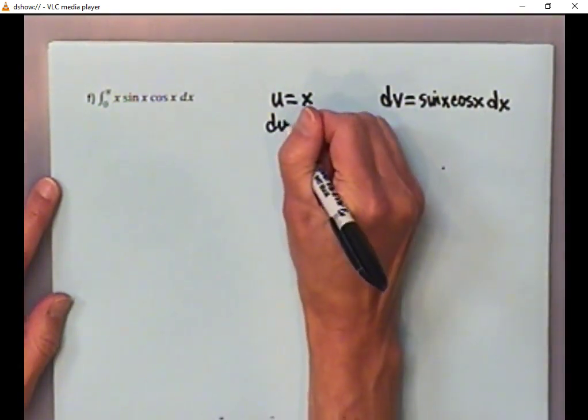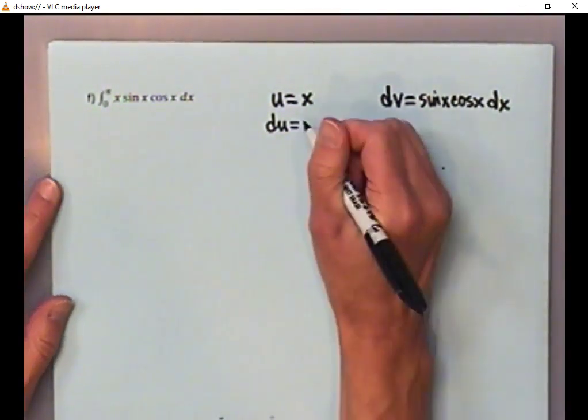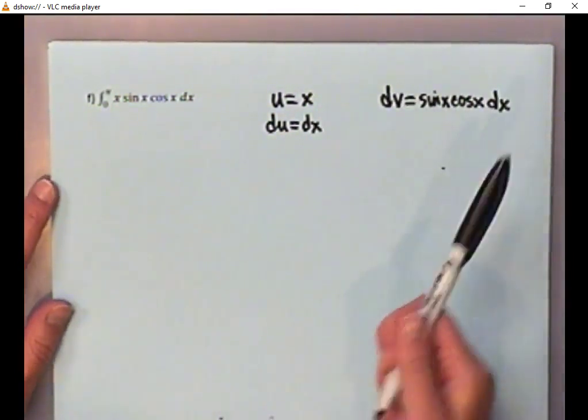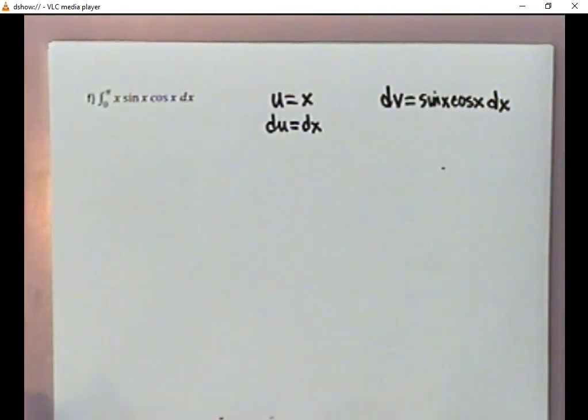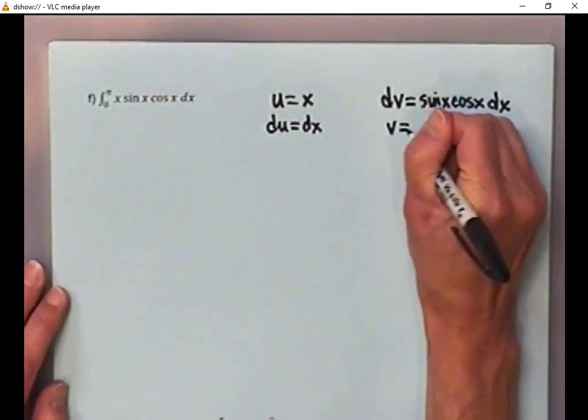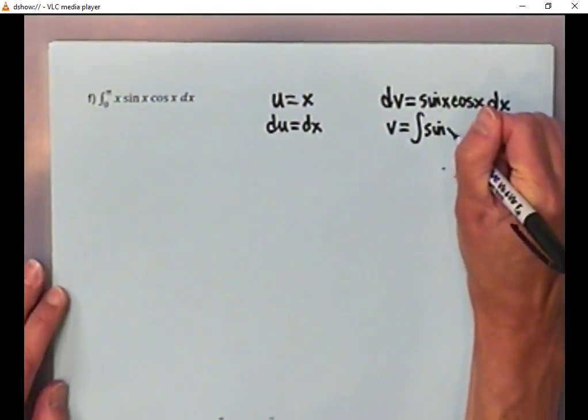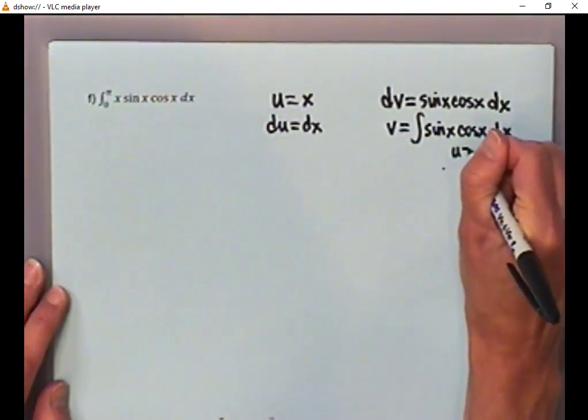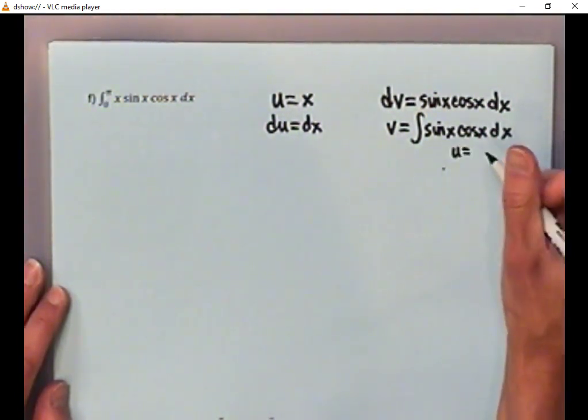So I know du, right? What's du? du is going to be 1 dx, right? How would you integrate sine x cosine x? Could you? Okay. So it wouldn't be too hard with substitution, right? What would you let be the u? One of them, right?